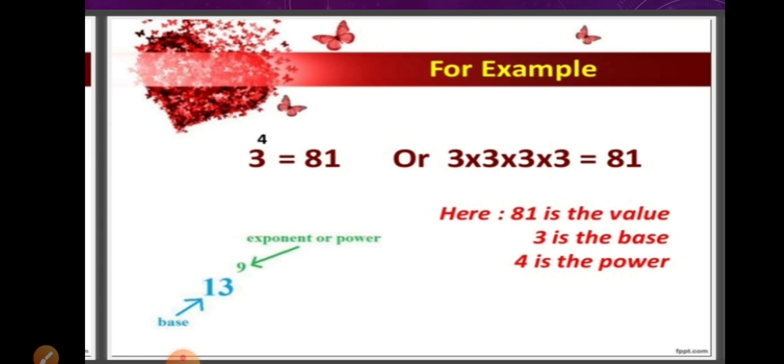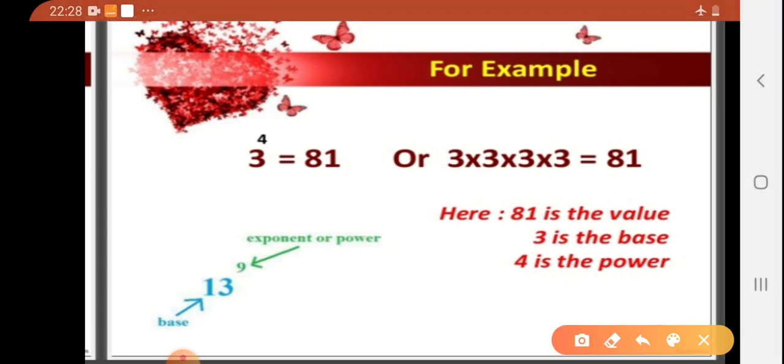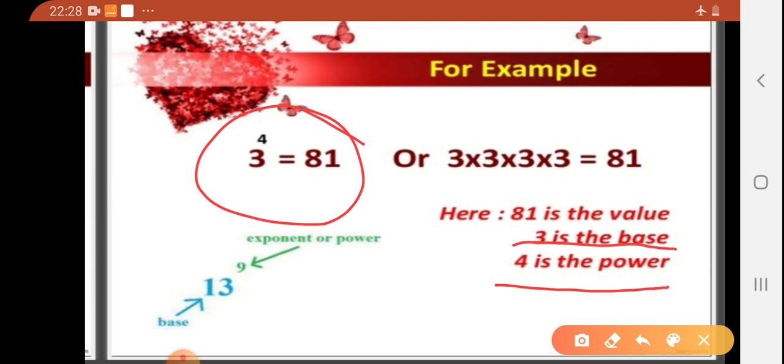By example, here is 3 to the power 4. Here 3 is the base, 4 is the power or exponent or index, and 81 is the value.